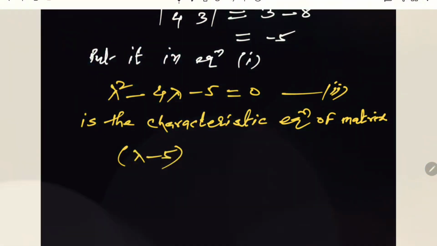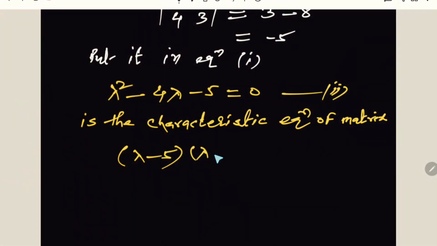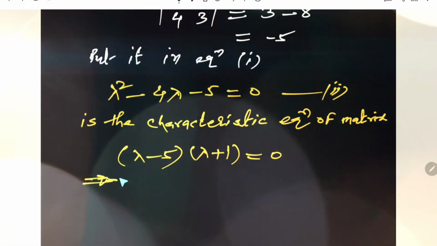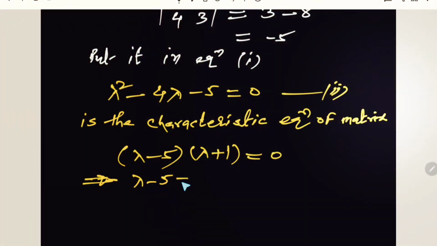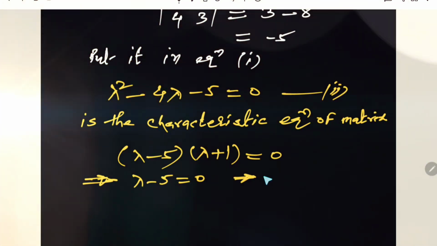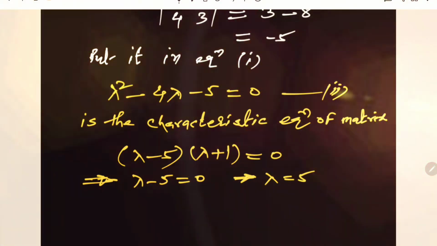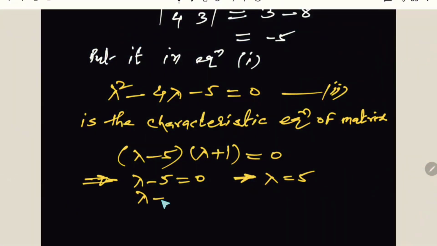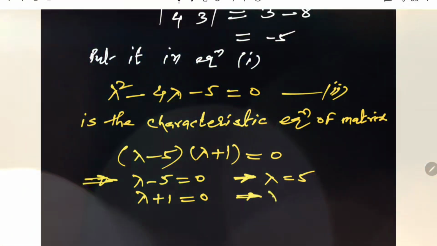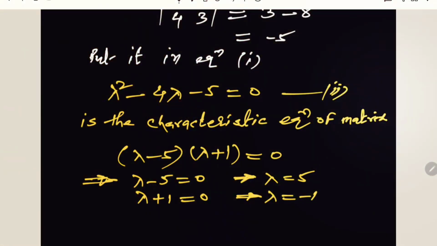Finding the factors of that equation, we get lambda minus 5 and lambda plus 1 equals 0. Equating each to 0, we get lambda minus 5 equal to 0 and lambda plus 1 equal to 0. From the first we get the value of lambda as 5, and from the second we get the value of lambda as minus 1. Therefore these are the eigenvalues.